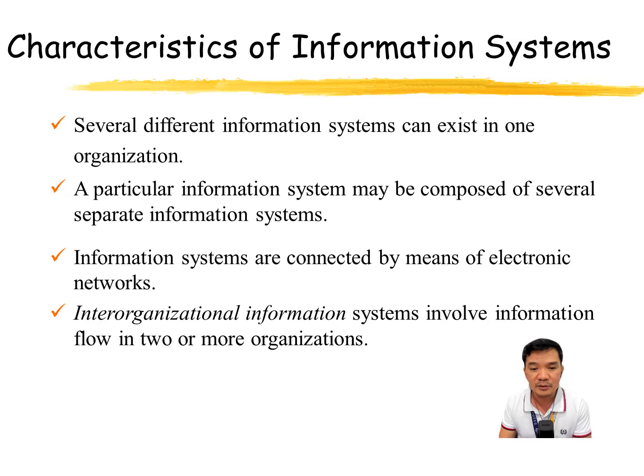We call these inter-organizational systems if they support outside the organization. And our assumption also is that a particular information system is composed of several separate systems connected by means of electronic networks. It can be wired or wireless.